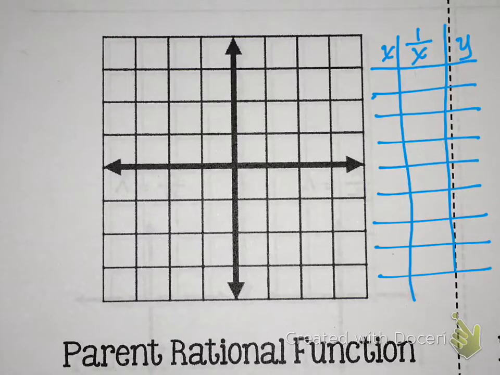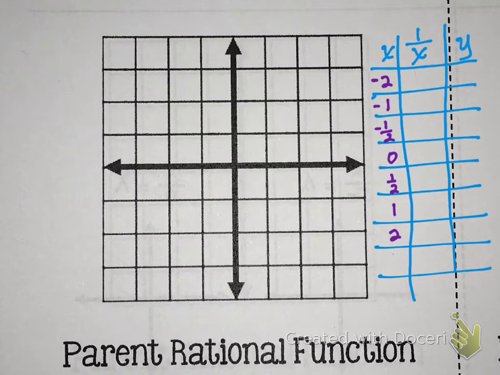So moving forward, if we take a look at this slide here, let's talk about graphing this parent function. Let's get a bunch of points that we're going to plot, and then we'll go ahead and plot them. So I'm thinking, let's look at -2, -1, -1/2, 0, 1/2, 1, 2.